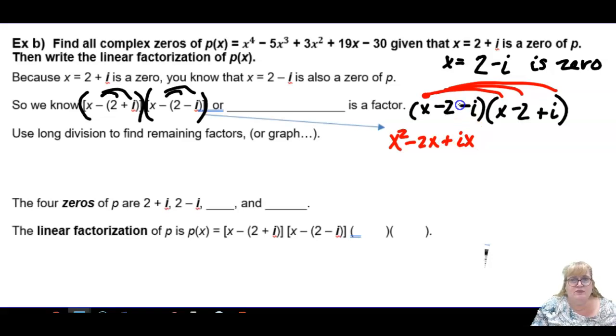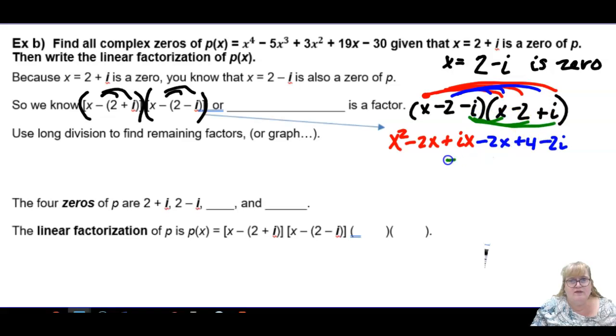And then I'm going to distribute in blue the negative 2 to all three things back there. So negative 2x, negative 2 times negative 2 would be 4, and negative 2 times i would be negative 2i. Then I'm going to distribute this negative i that was at the back to all three things back there.